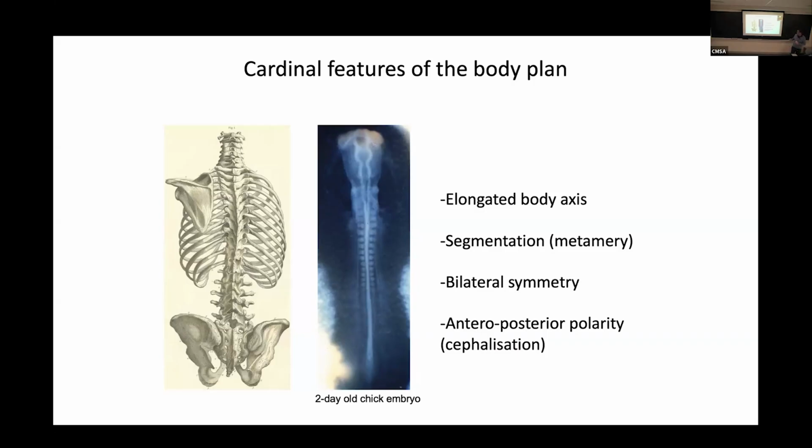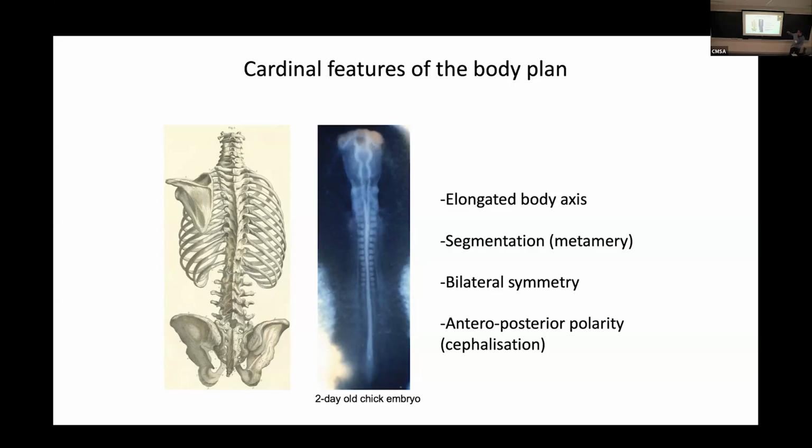So one of the things that I've been interested in for a very long time is what I call the cardinal features of the body plan. If you think about most animals, they exhibit an elongated body axis. They are segmented, meaning they're formed by repetition of anatomical modules. They're bilaterally symmetrical.